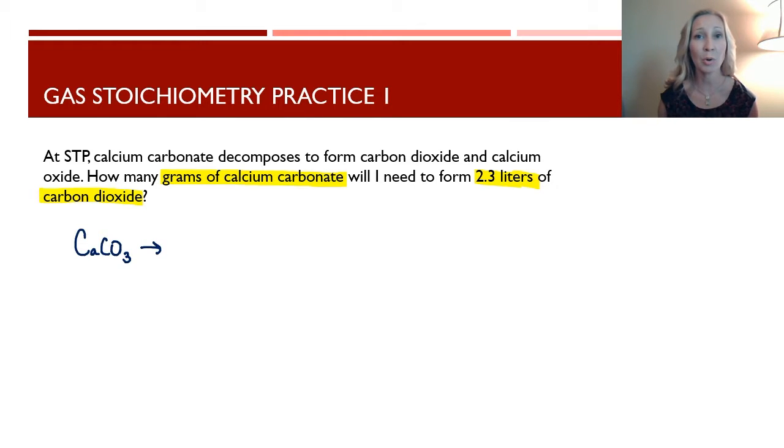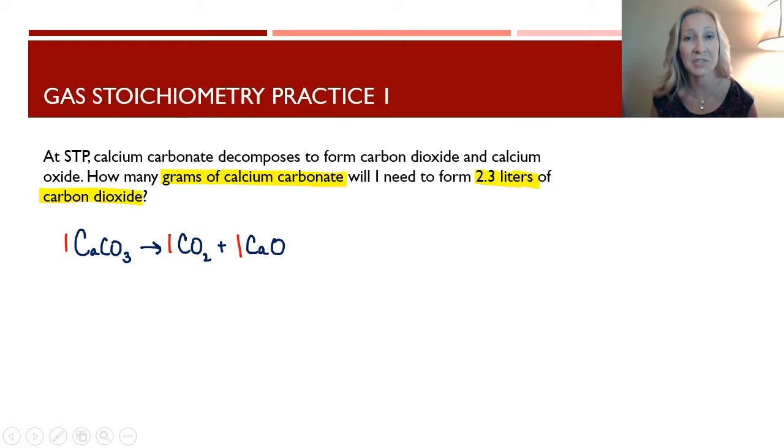Now that decomposes into carbon dioxide and calcium oxide. Calcium has a positive 2 charge, oxide has a negative 2 charge, and they also combine at a 1-to-1 ratio, so it's CaO. When I balance this equation, it's really easy to balance: I have a 1-to-1-to-1 ratio of all of my molecules.